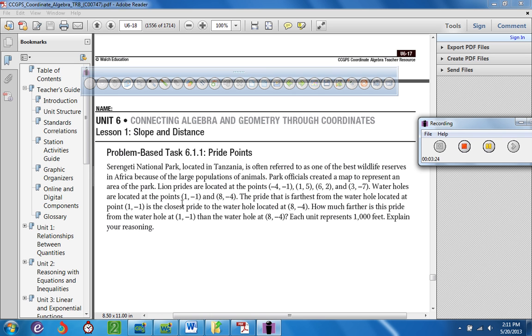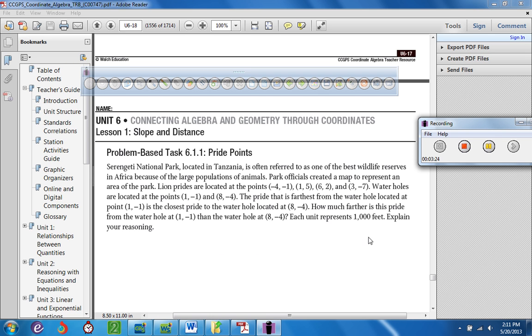Water holes are located at the points (1, -1) and (8, -4). The pride that is the farthest from the water hole located at point (1, -1) is the closest pride to the water hole located at (8, -4). How much farther is the pride from the water hole at (1, -1) than the water hole at (8, -4)? Each unit represents 1,000 feet.